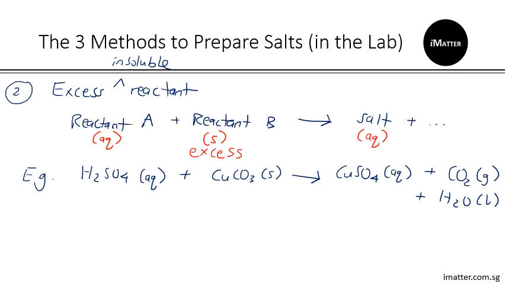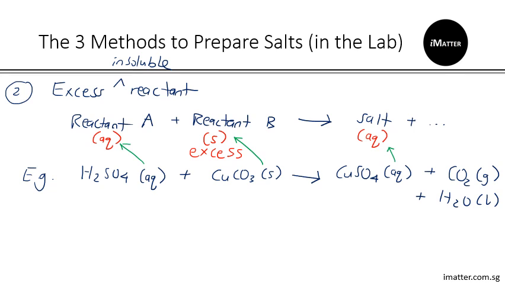So notice I am following my rules for this particular preparation method of excess reactant. Alright, salt is soluble, one of the reactants is insoluble, and the other reactant is soluble.